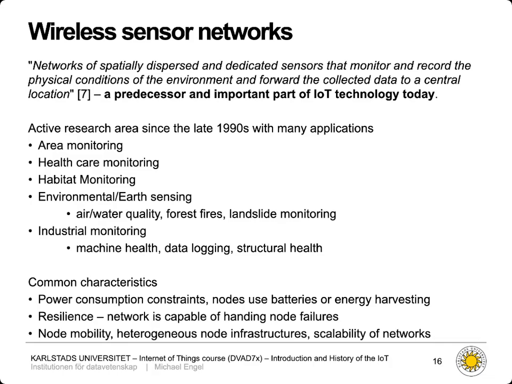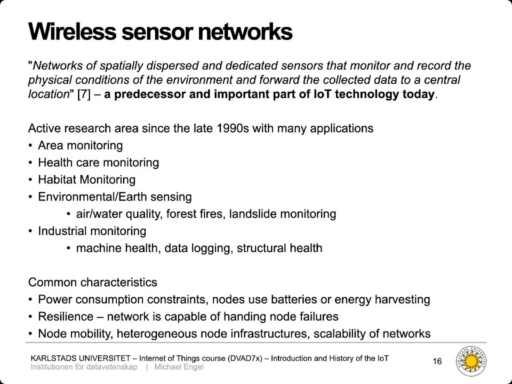So wireless sensor networks have common characteristics, including that there are significant constraints on power consumption. So the nodes often use batteries or energy harvesting technologies like solar panels. They have to be resilient. So even if one or two of the many sensors fail, or some part of the network infrastructure, wireless sensor networks should be able to handle the failures of nodes and part of the network infrastructure.